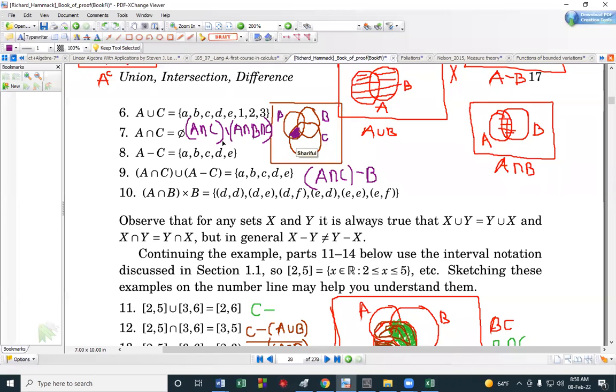From A intersection C, if you subtract the common part of all three sets, let me shade it in a different color. This part, right?